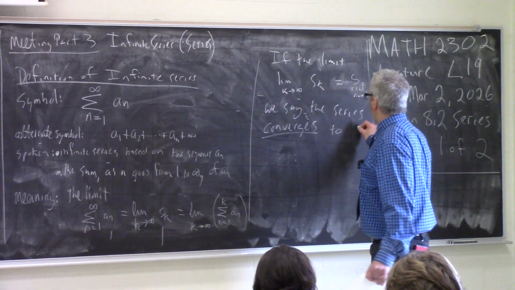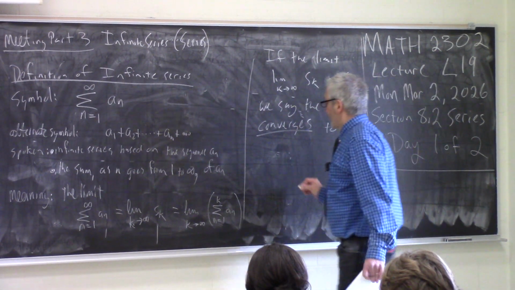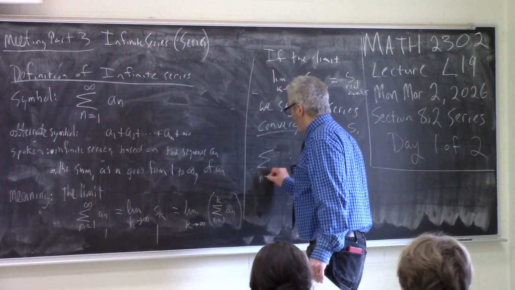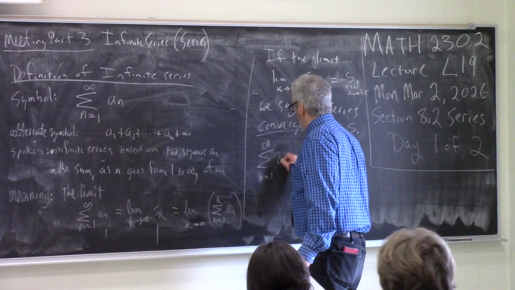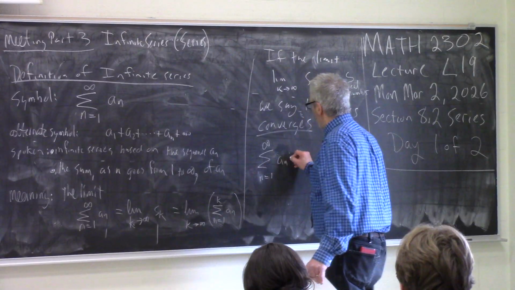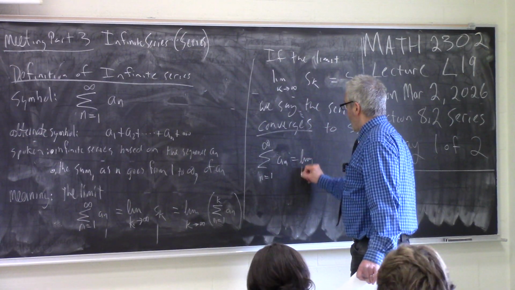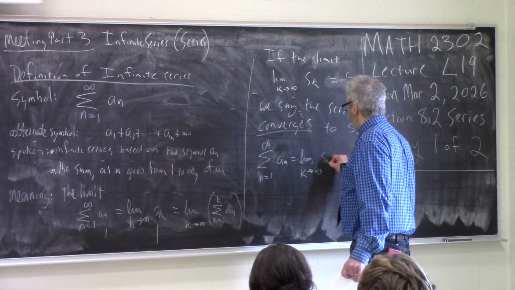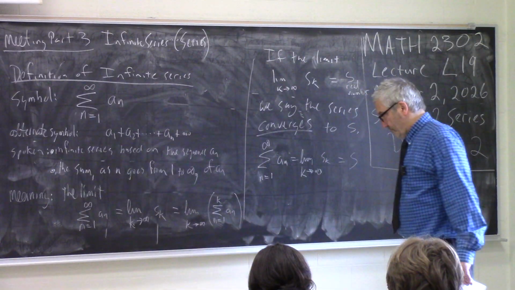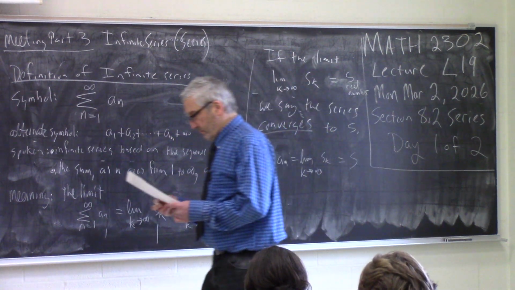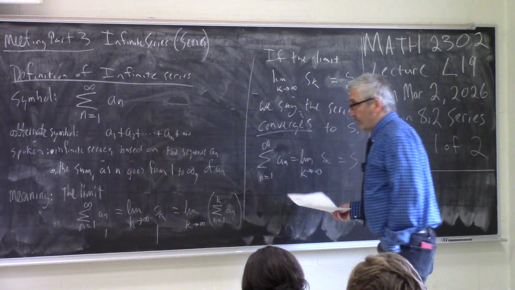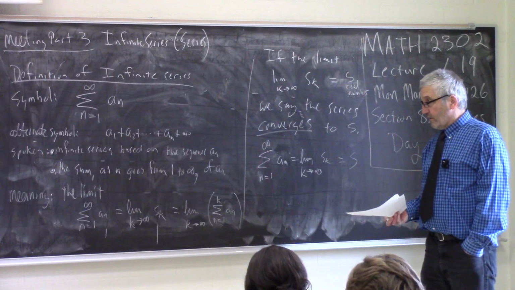So then we say the series converges to S. So the series as n goes from 1 to infinity of AN is the limit as k goes to infinity of SK, and that's the number S. If the limit doesn't exist, we say that the series is divergent.